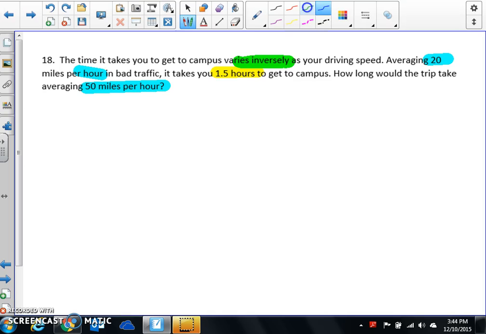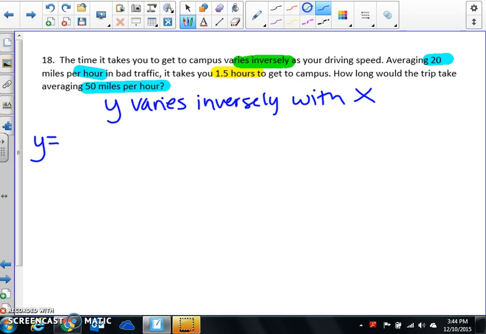Now you have to remember y always varies inversely with x. So with that being said, the first piece of information is going to be my y. So my y is equal to miles per hour, making my x equal just hours.